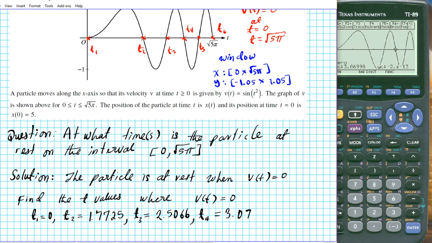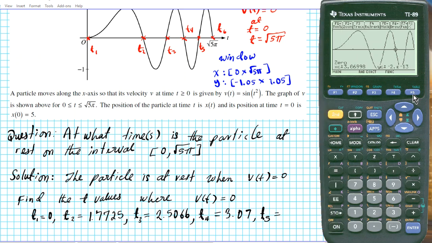Okay, now two more. T5. What is T5? Let's look for our next 0, which is this one right here. Following the same procedure. Hopefully you've mastered it by now. We're looking for the 0. This is the 0 we're looking for. So move your cursor slightly to the left of the desired 0. Press enter. So the arrow pointing to the right. It asks for the upper bound. Move your cursor slightly to the right of your desired 0.